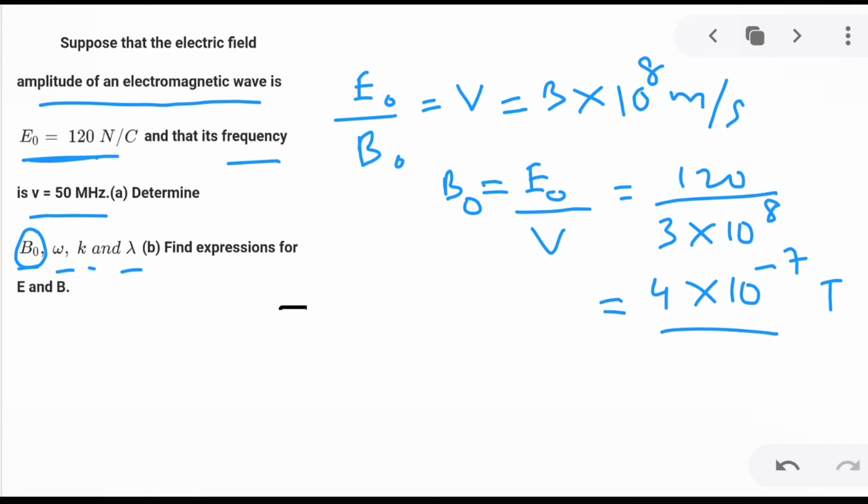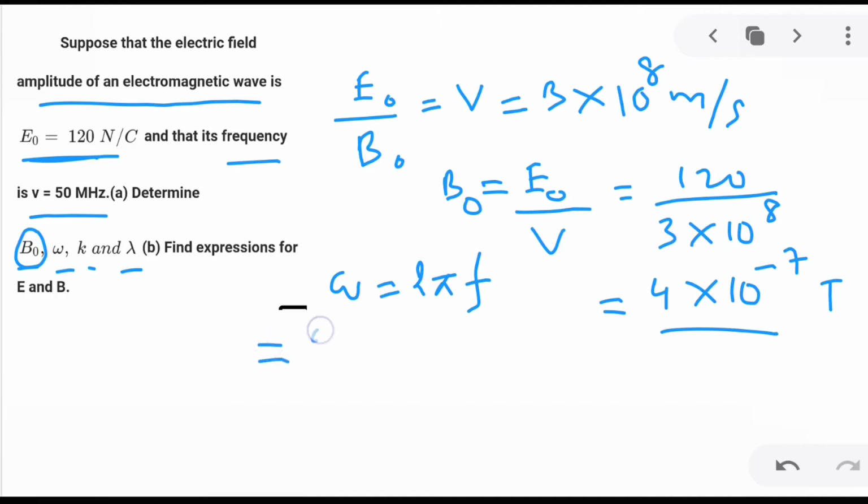Now next is omega. Omega is the angular frequency. Frequency is already given, so what will be the angular frequency? Angular frequency omega is equal to twice pi times the frequency. Frequency is 50 megahertz, mega means 10 power 6.